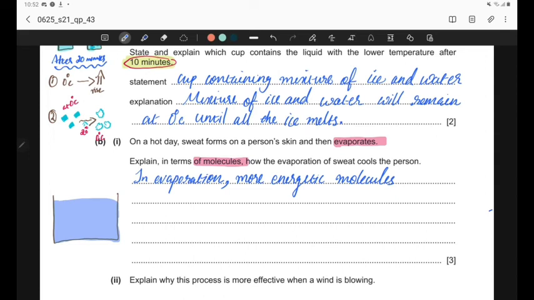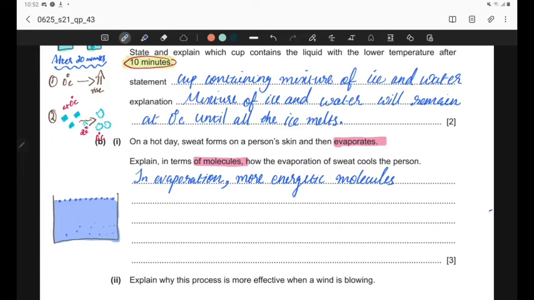The liquid is made up of liquid molecules, and the molecules with high energy will always stay at the surface of the liquid. So when you compare the molecules of liquid at the bottom, they will always have less energy.